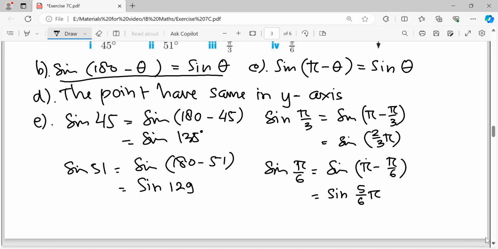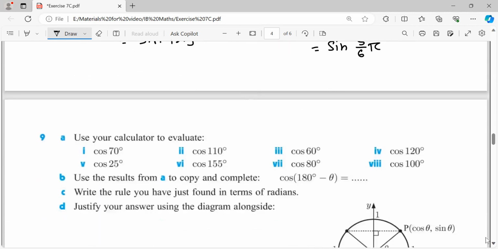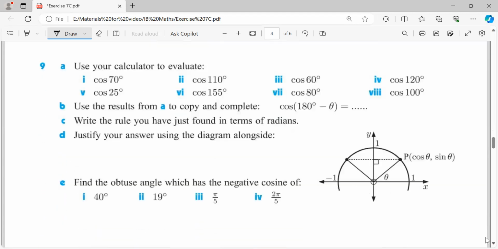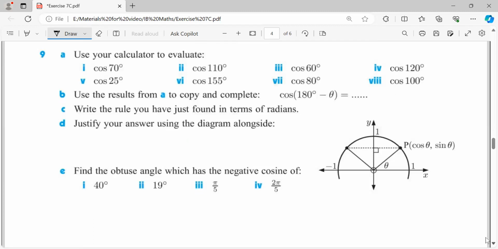Next, number 9. Use your calculator to evaluate cosine 70, cosine 110, and so on, but I will answer only like number 8.